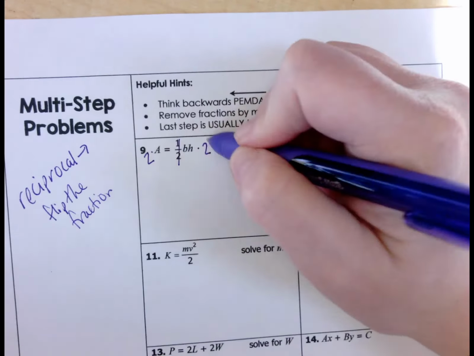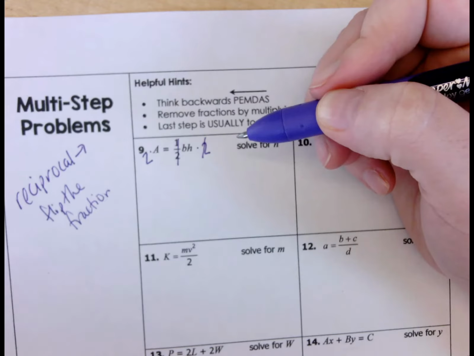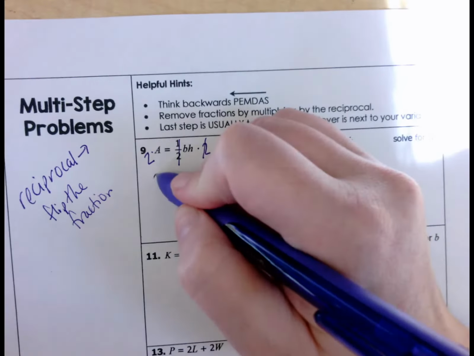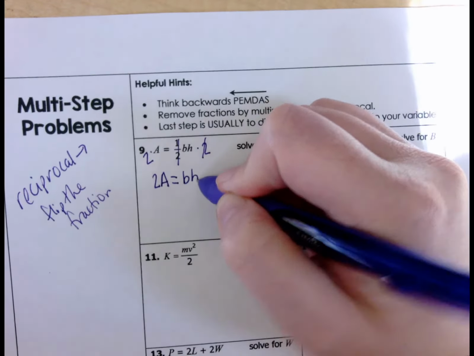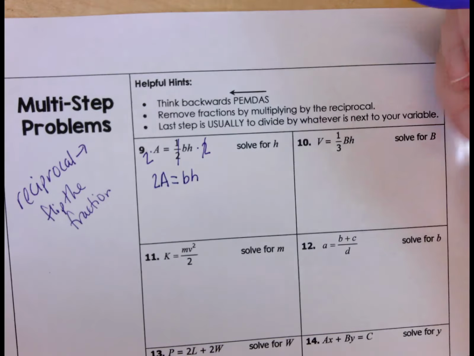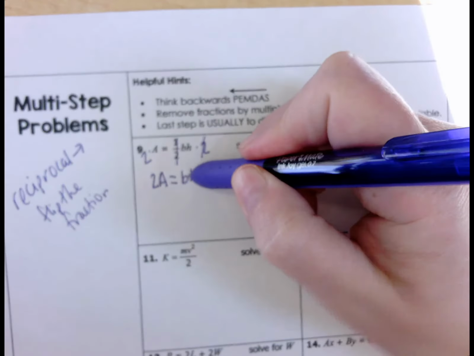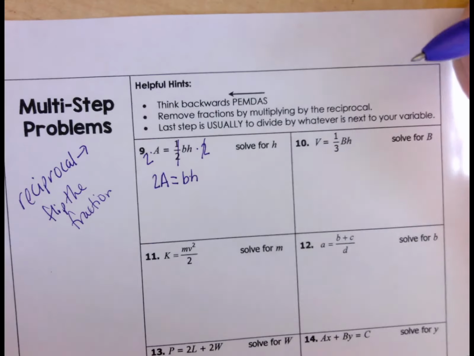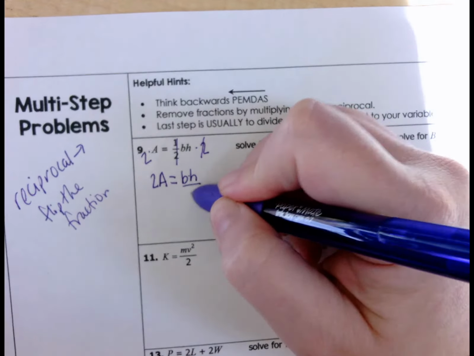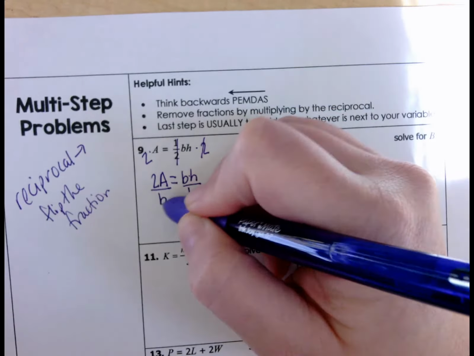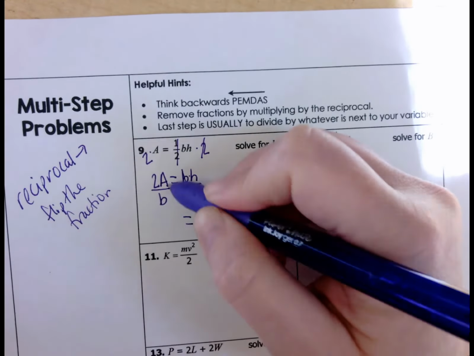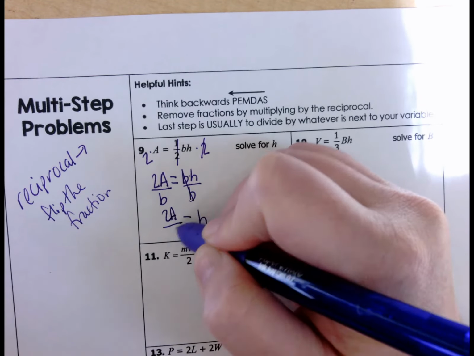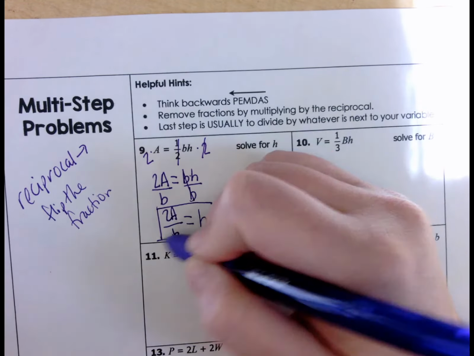And so that 1/2 times 2 becomes 1, and on this side, I'm left with 2a, or 2 times a, and it's equal to bh. Okay? Now, all I have is something being multiplied by h, and to undo that, I divide. So I'm going to divide by b. And on the right side, I'm left with h, and on the left side, I'm left with 2a divided by b.